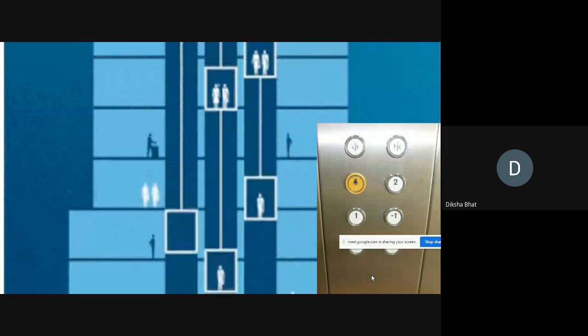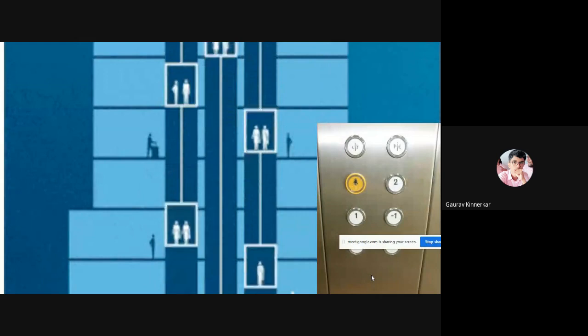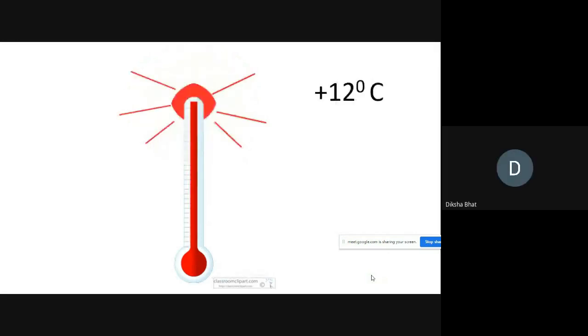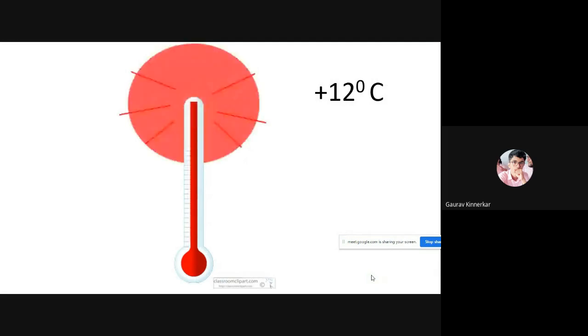Below the ground floor. Very good. A degree rise in temperature? Which sign would you use? Positive sign. Correct. 5-degree fall in temperature. Negative sign.